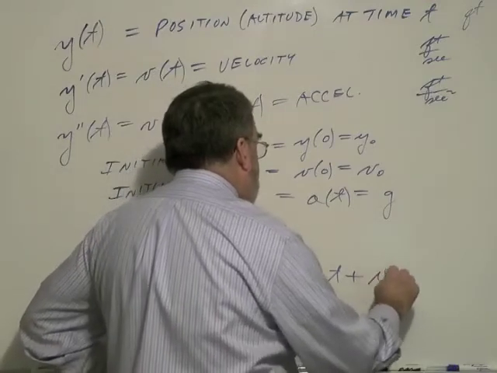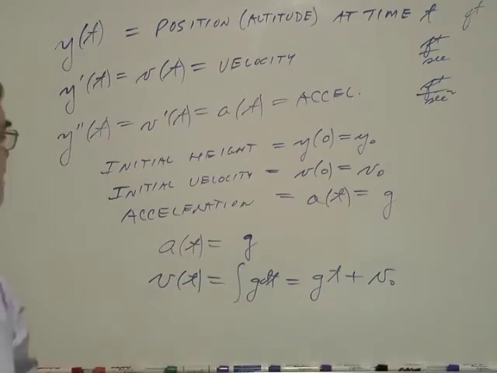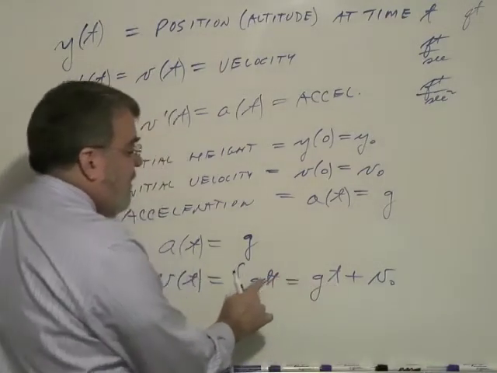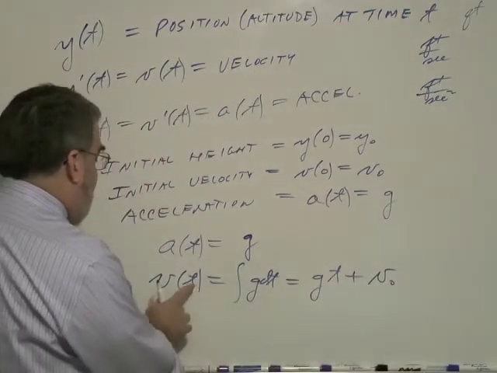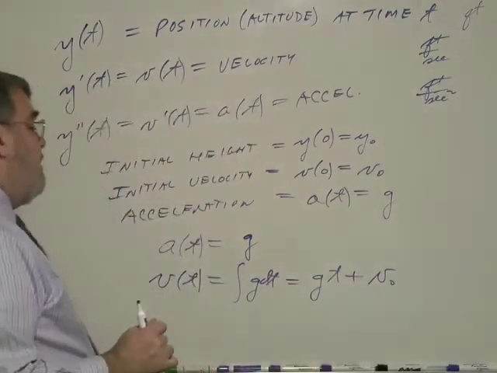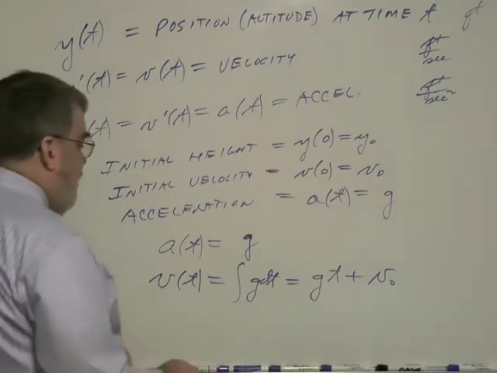Now the constant will be the initial velocity, because if I plug 0 in here, 0 times g is 0 plus my additive constant, that means my v at 0 is my initial velocity, v naught. That's my additive constant.